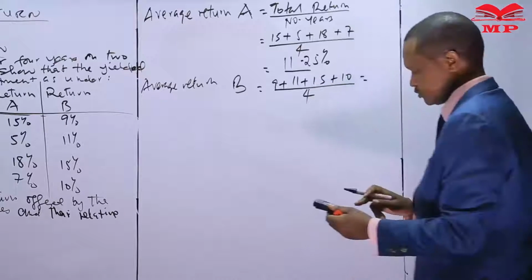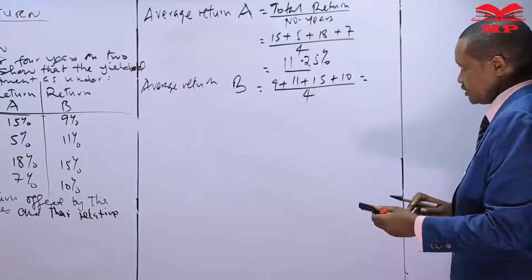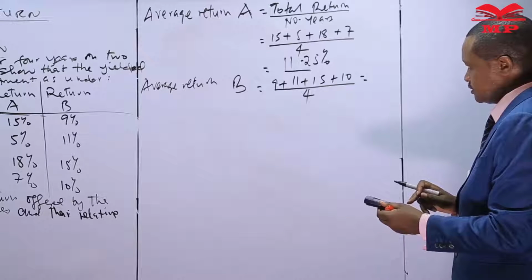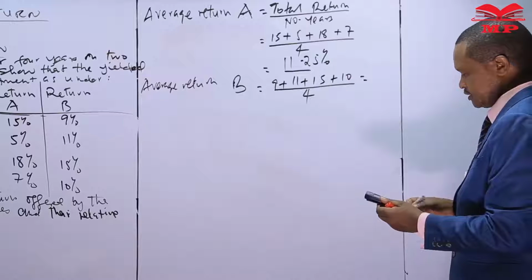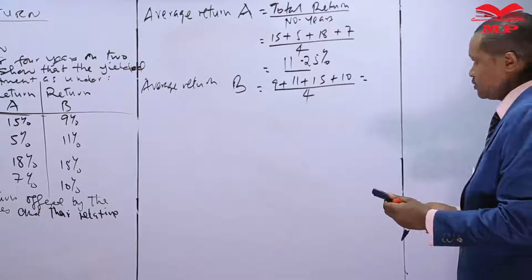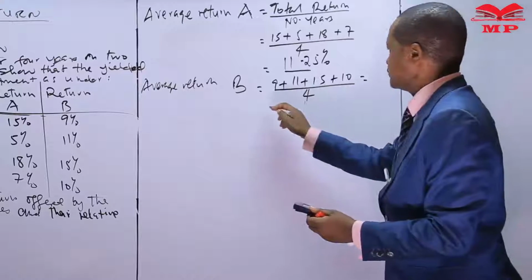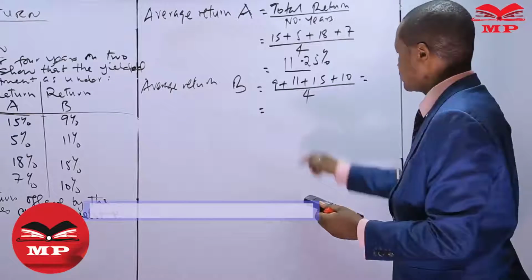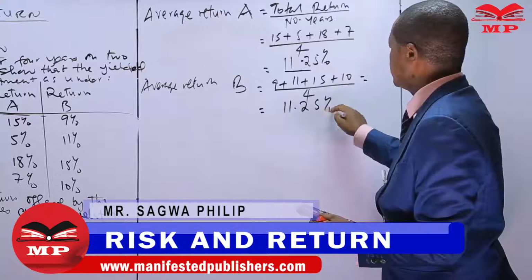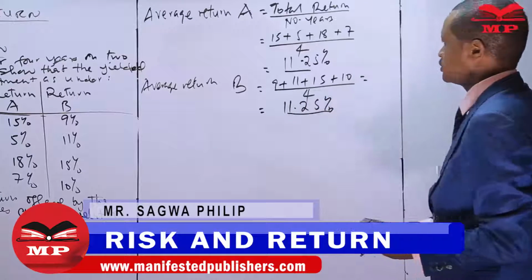This will be equal to 20 plus 15 plus 10 divided by 4. So the average return for the two securities is 11.25%.